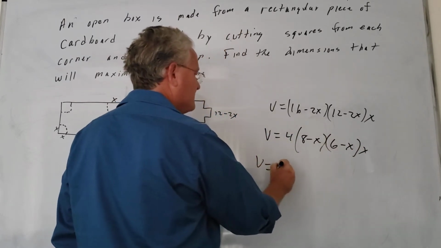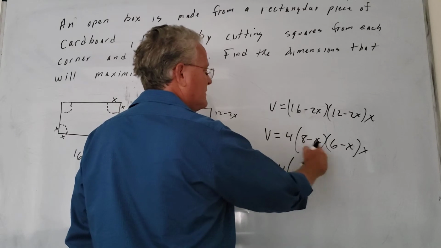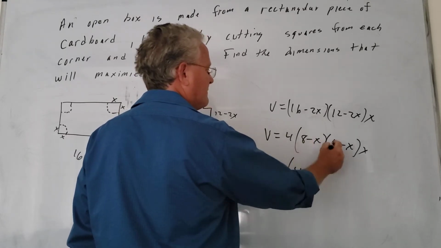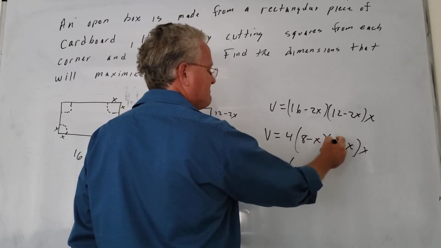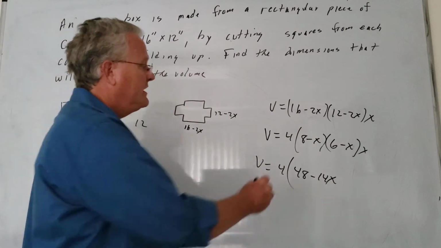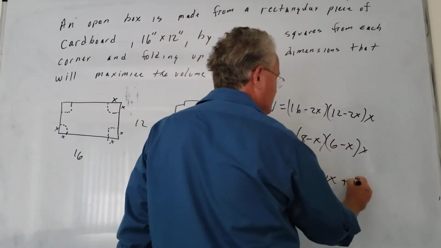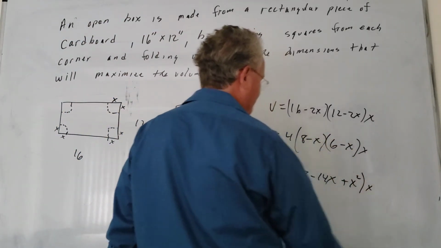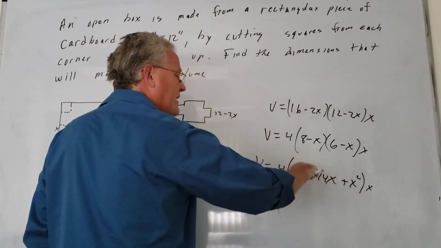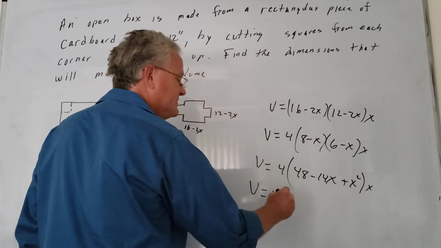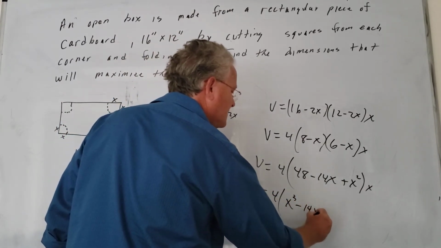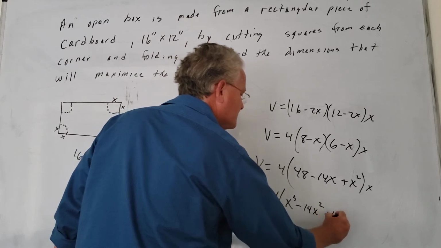So now our volume is 4 times 48 minus 8x minus 6x, which is minus 14x, and negative x times negative x is positive x squared. Now distributing the x, I'm going to rearrange this and write it in descending order. So we have 4 times x cubed minus 14x squared plus 48x.